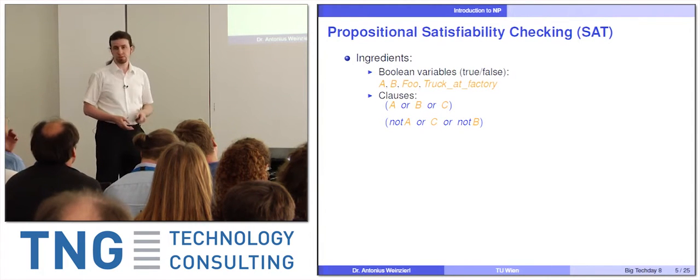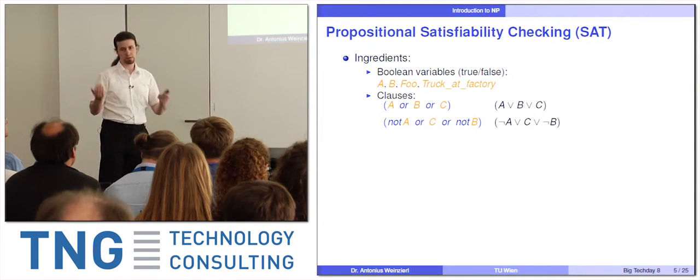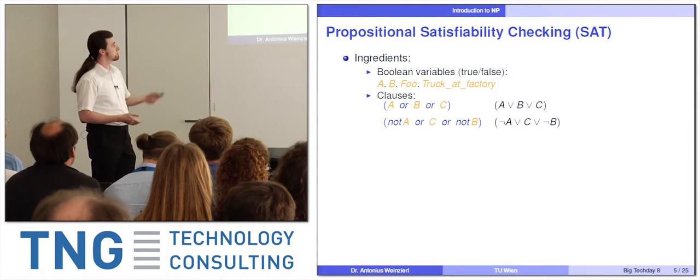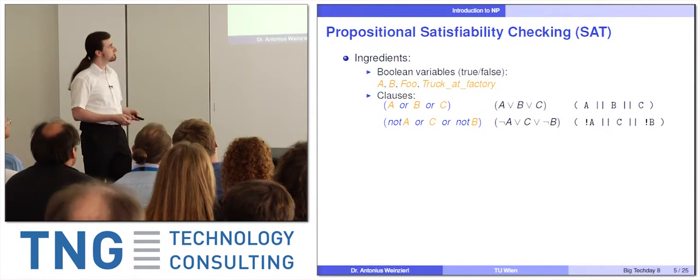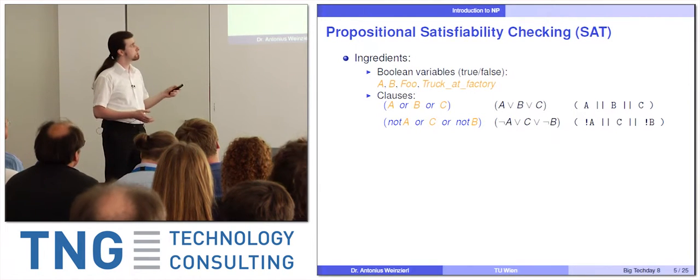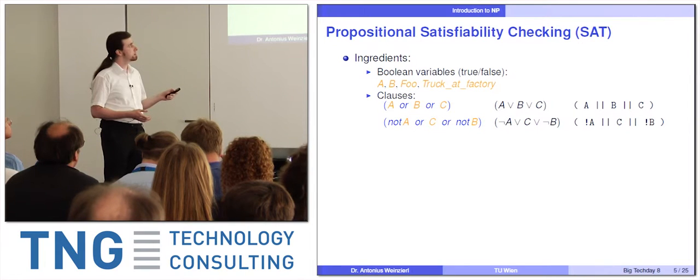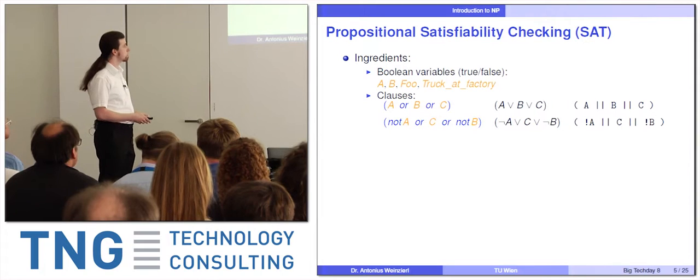There is another representation of the same clause, so I prefer this one because I'm having a logic background, so this is just the same expression with logical symbols. If you prefer C or Java, then this would be the same expression. It's just a Boolean expression where you have Boolean variables and possibly negated ones, and you connect them with an OR.